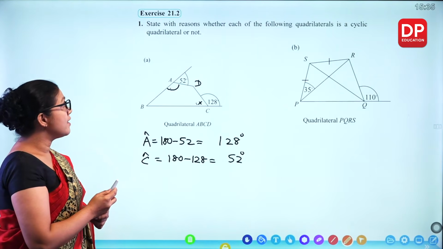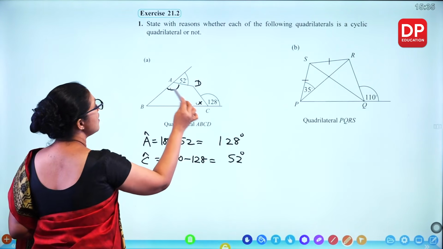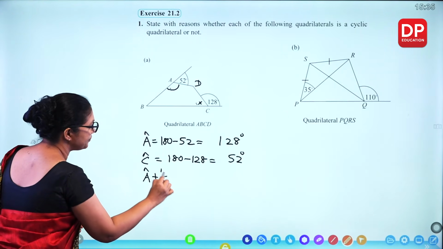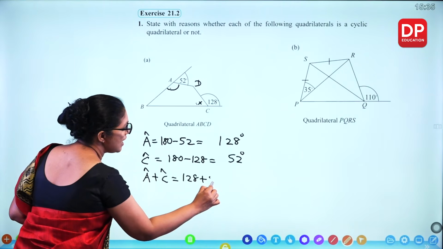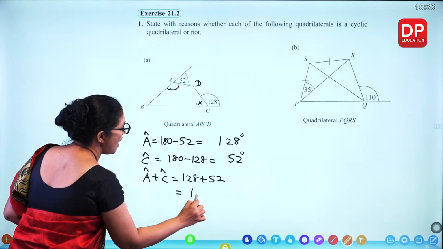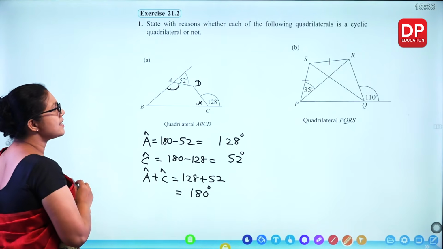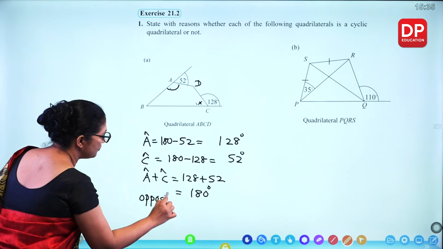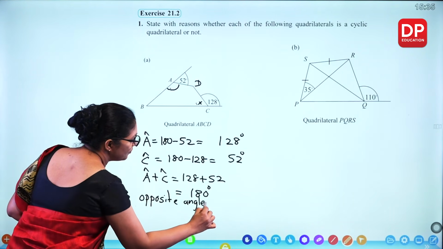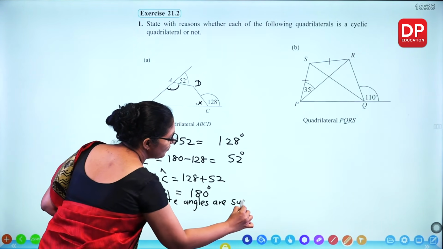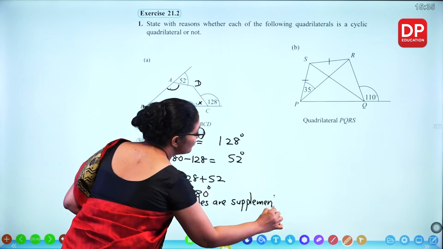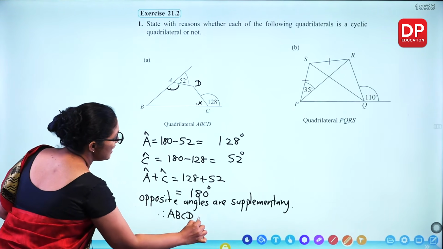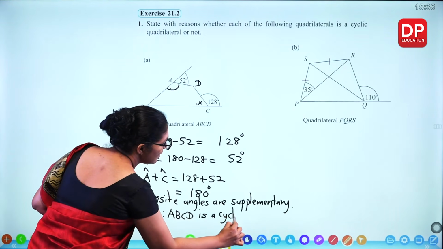If it's a cyclic quadrilateral, these are opposite angles. So we'll see what's the sum of A and C. 128 and 52, you get 180. So opposite angles are supplementary. So therefore, ABCD is a cyclic quadrilateral.